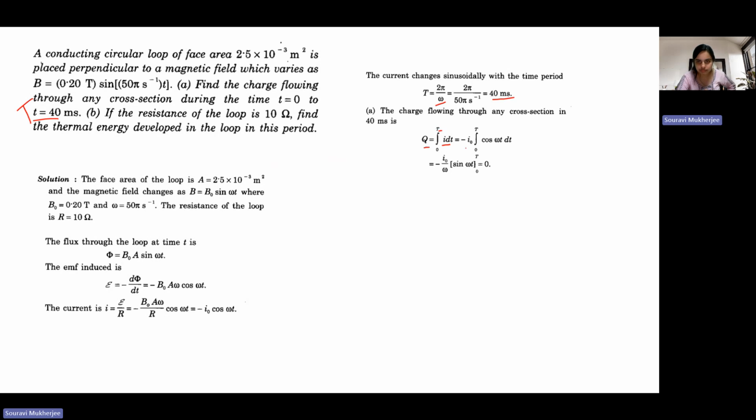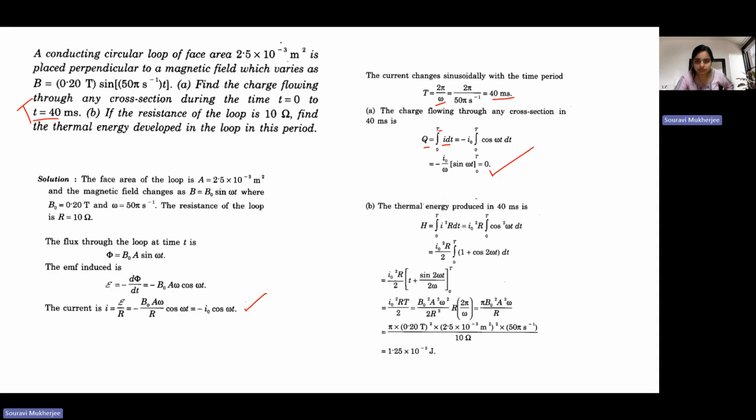So now you know the expression of I. This is your expression of I. So you put in here, and as you can expect, the net charge that is flowing through the loop in one time period goes to 0.